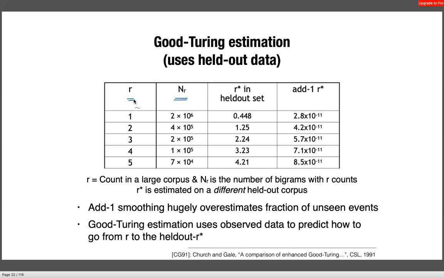You stick to the observed data that you have, but try to use it to predict how to go from R to the R star, which you would have got on a held out set. In short, Good Turing estimation is based on finding the expected frequency in a held out set of words based on counts which are estimated from an observed set of words.